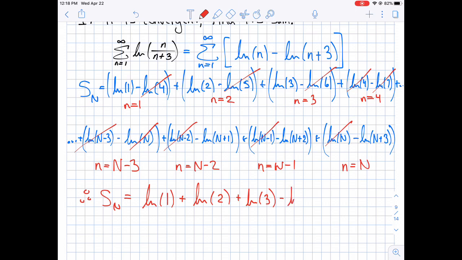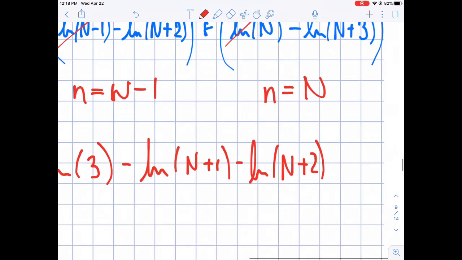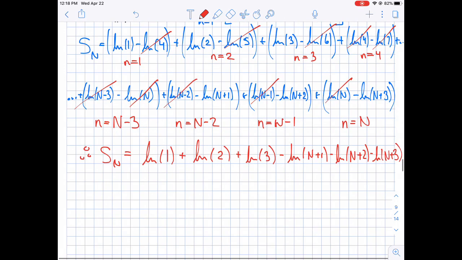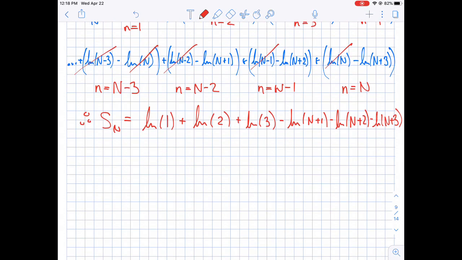So we have minus ln of capital N plus 1, minus ln of capital N plus 2, minus ln of capital N plus 3. So it's not quite as nice as the last one. Okay, we don't end up with only two terms. However, it is definitely an expression that we can take the limit of.